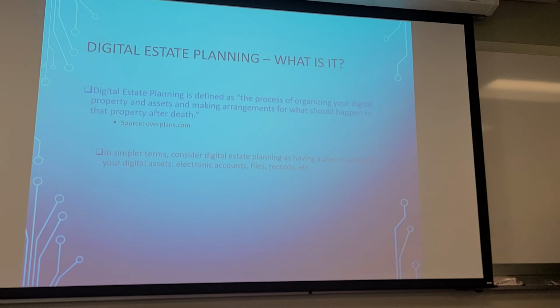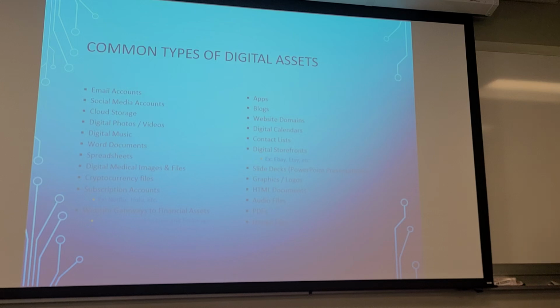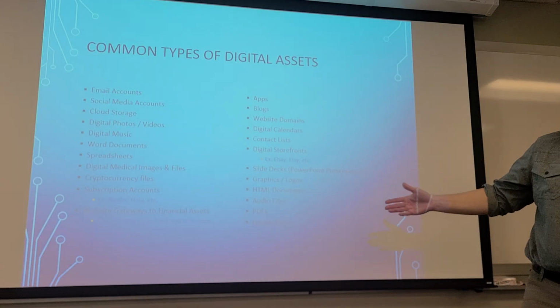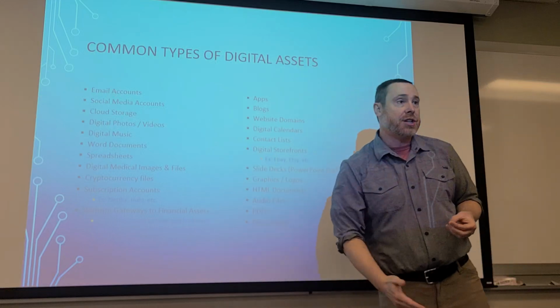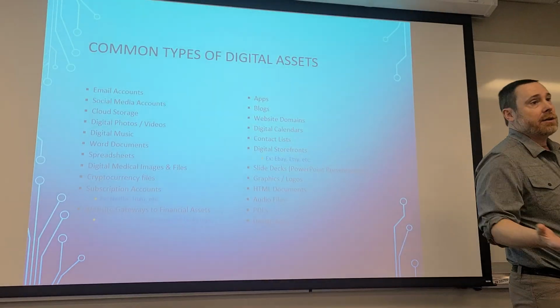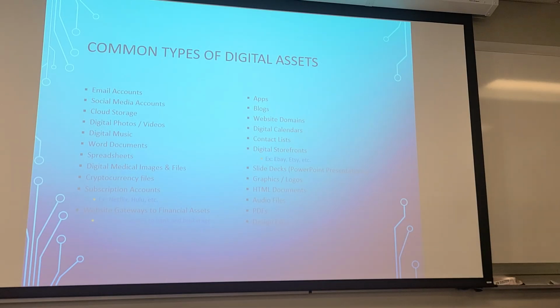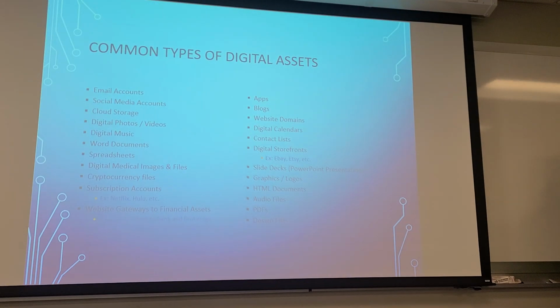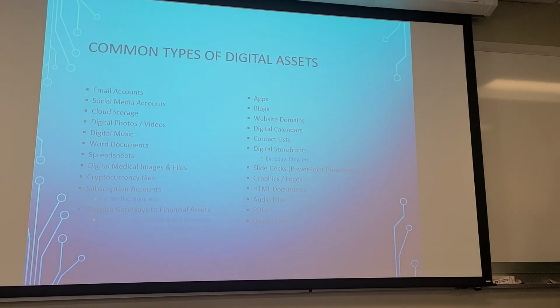Digital estate planning: all my digital stuff, what's going to happen to it after I pass away, and knowing all this stuff is going to be a big one. You may not care about your Word documents and spreadsheets and homework that you've done in class; your loved ones probably don't need them. But what about your social media? Who takes over that?